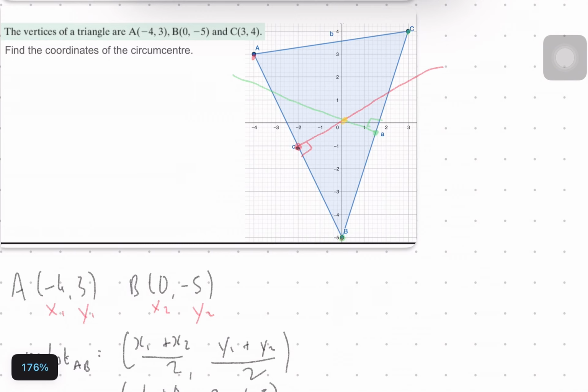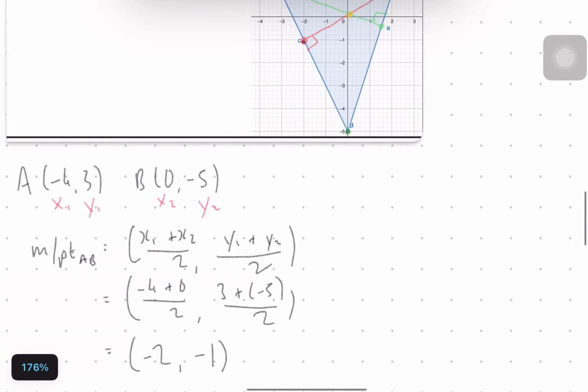So I'm now looking to find the equation of the perpendicular bisector of AB. It bisects AB, so it's going through the midpoint of AB. So I have my point on the perpendicular bisector. I just need to find its slope. I don't have information to get that directly, but what I can do is get the slope of AB and then flip it and change the sign, and that will be the slope of the perpendicular bisector.